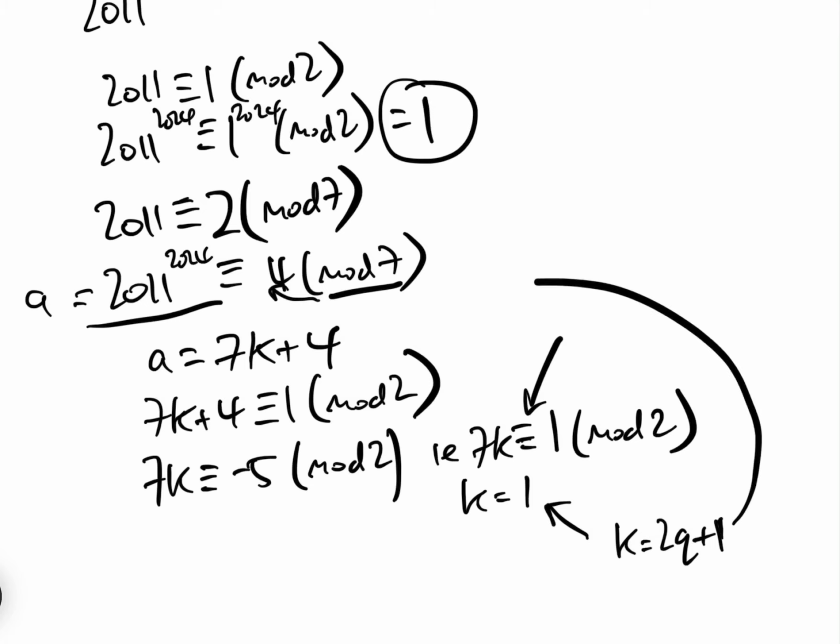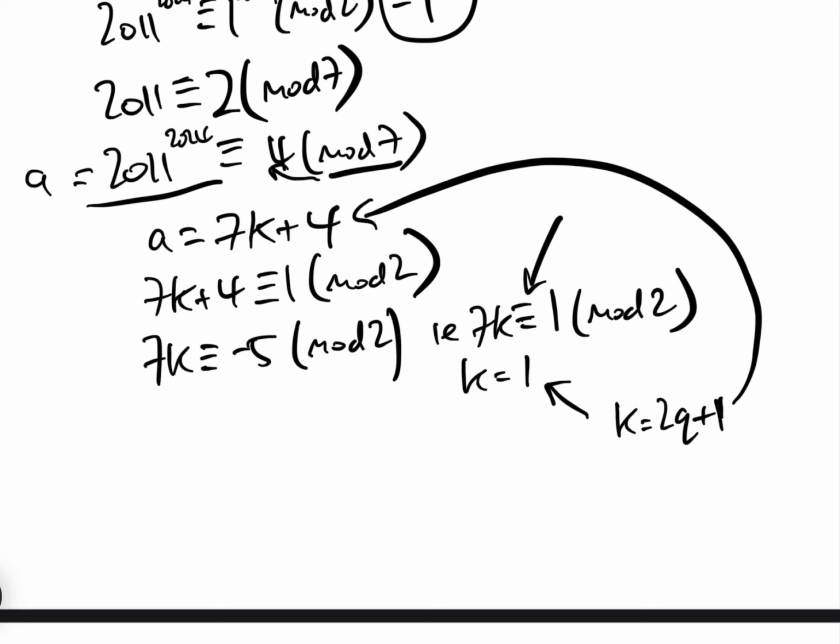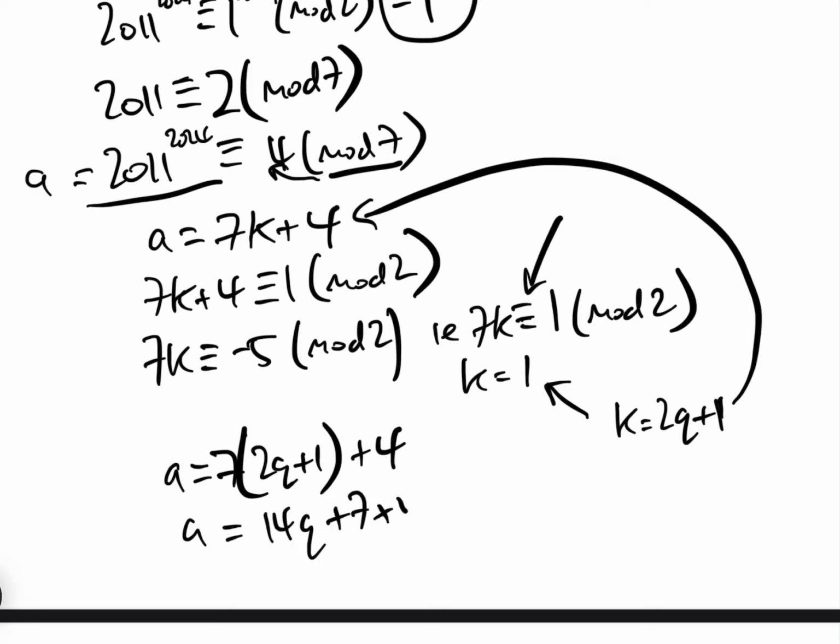And now we can plonk that right back into here. This is the other method that I used in the video. I'm using both methods just so we get some practice with them. So A equals 7 times (2q plus 1) plus 4, i.e. A equals 14q plus 7 plus 4, which is 14q plus 11 for some q. And when we divide that by 14, clearly we get a remainder of 11.